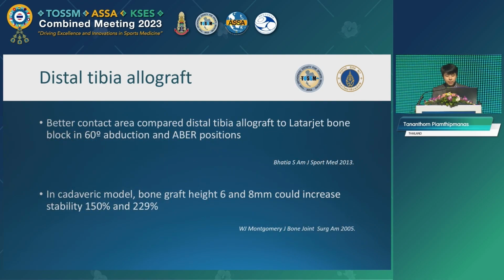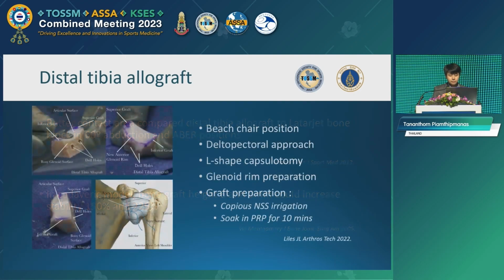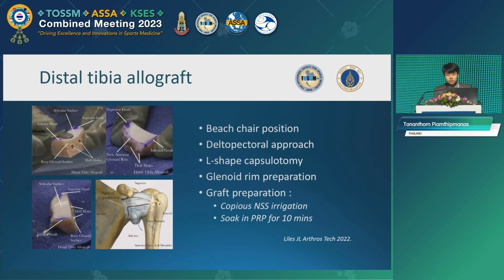This technique has been supported by better biomechanical studies when compared to Latarjet, when the arm position is in 60-degree abduction and external rotation. This technique was provided by Dr. Provencher in an open approach. He set the patient in the beach-chair position, opened with a deltopectoral approach, and opened the subscapularis and capsule with an L-shaped capsulotomy.